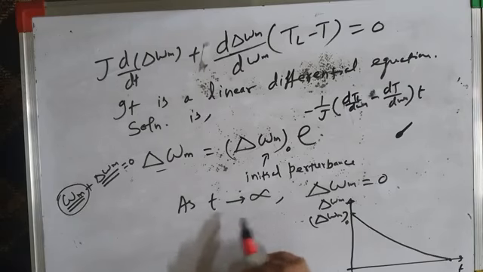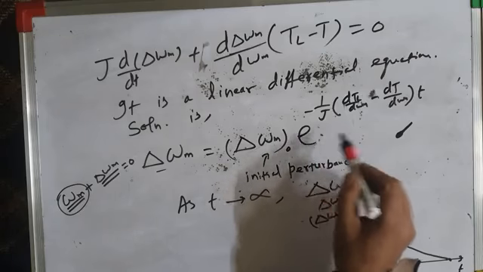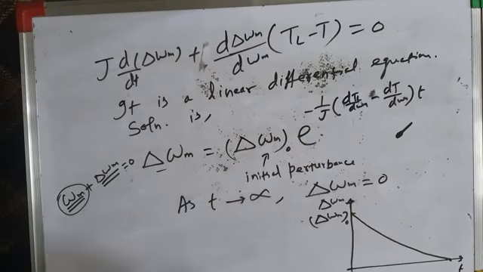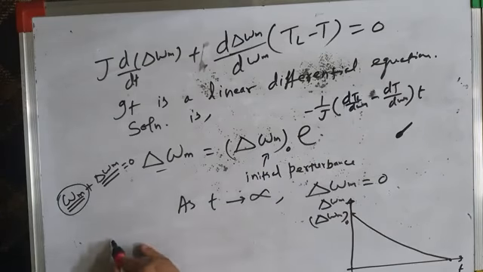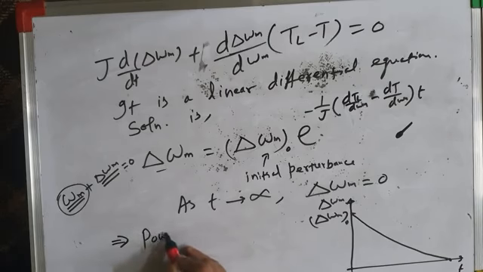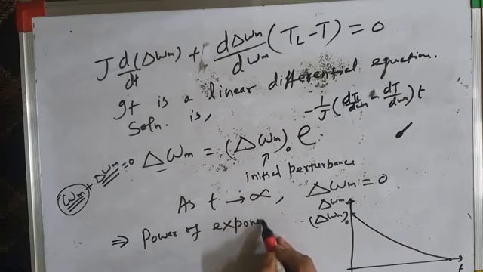Now delta m becoming equal to 0 as t tending to infinity is possible only mathematically when this exponent has a negative coefficient. This is the coefficient of the exponent.